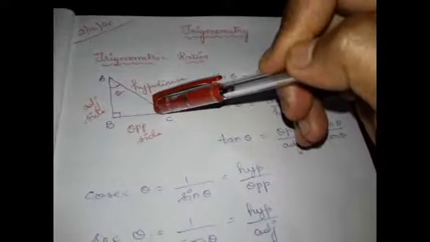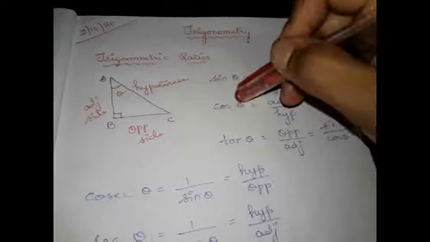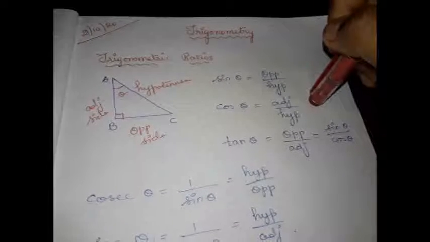BC divided by AC, because BC is the only side adjacent to angle C. Hope you understood. So the definition of sine is the opposite side of the angle you are denoting divided by the hypotenuse. Cos is the adjacent side of the angle divided by the hypotenuse, and tan is opposite divided by adjacent.